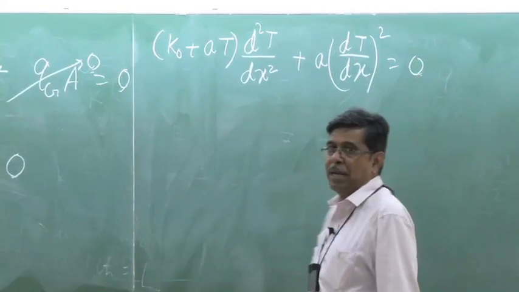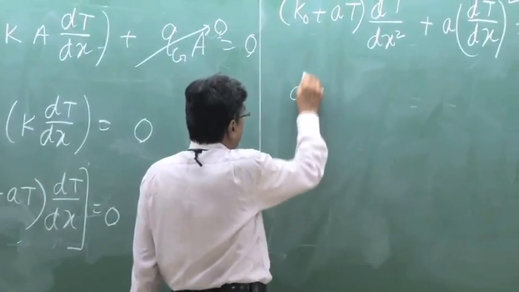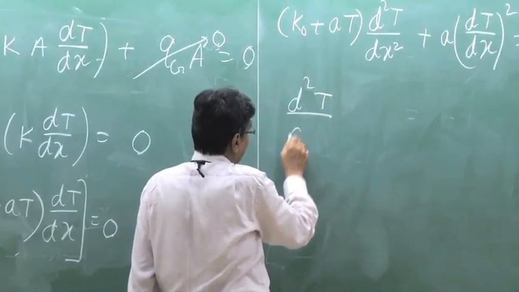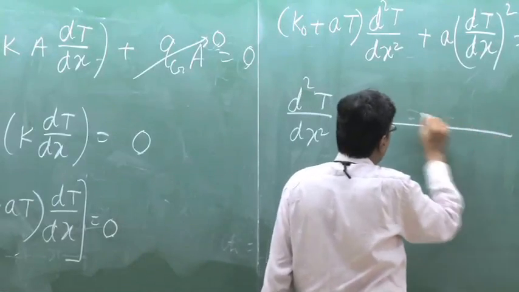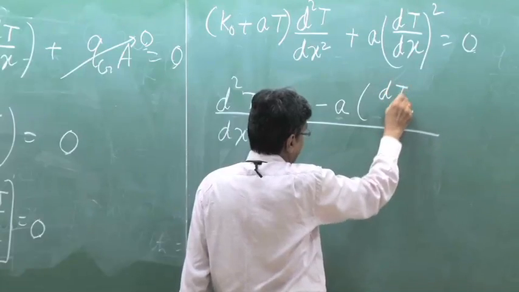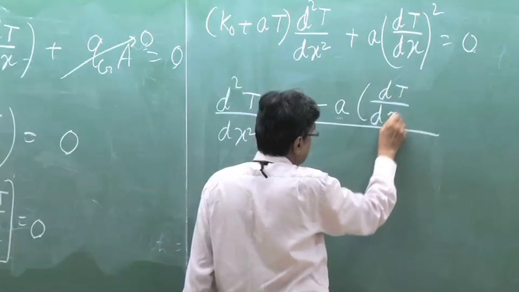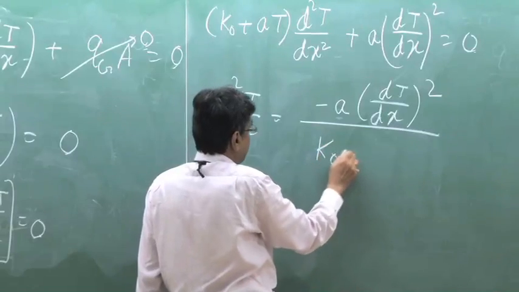It is as simple as anything, school level. So we can find d squared T/dx squared is equal to minus A (dT/dx) whole squared divided by (K0 plus AT).